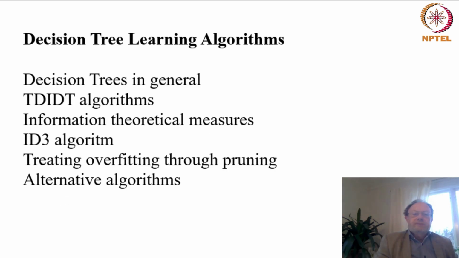The next lecture will be about decision trees. We will study a specific category here, which we call TDIDT, which is a nice palindrome, by the way, and which means top-down induction of decision trees.